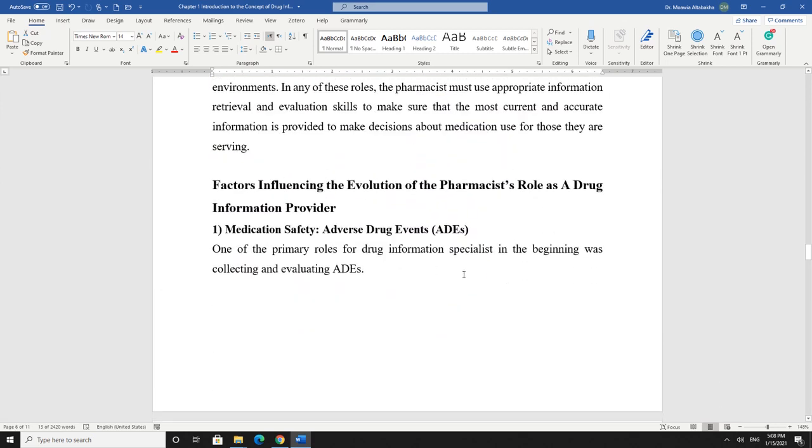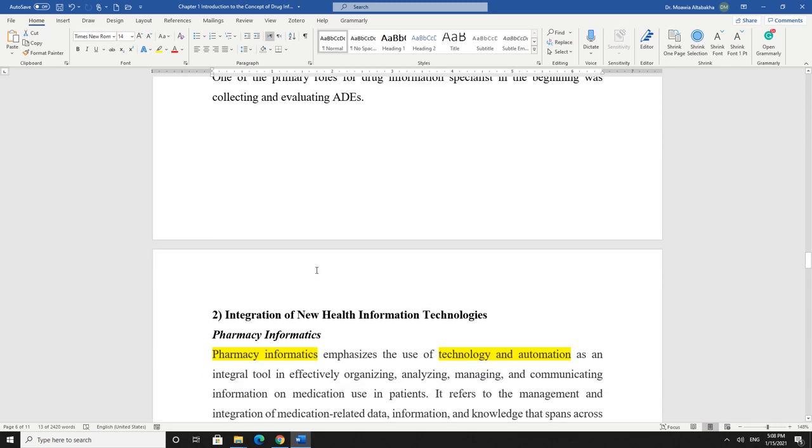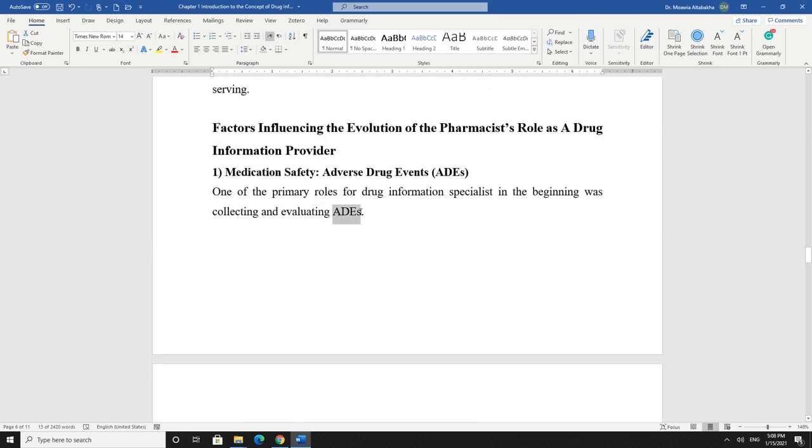Okay, one of the things was related to adverse drug events. They needed someone to report adverse drug events. We have at the FDA, for example, in America, a website dedicated to reporting adverse drug events. Inshallah, later you will see that. Okay, who will be reporting that?